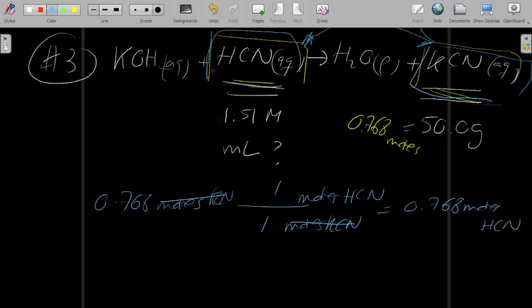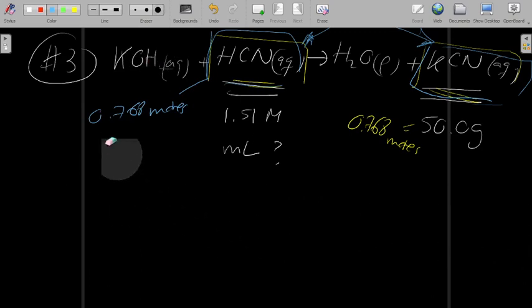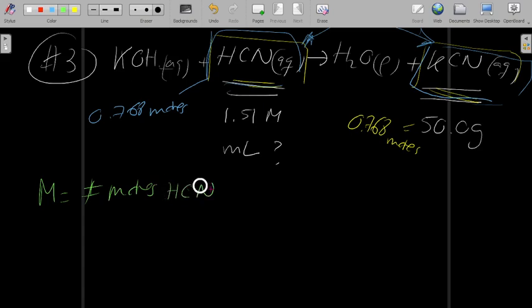Okay. So now we know that this is 0.768 moles. Okay. Perfect. Now what? We know now the number of moles. We know the molarity. That means that we can find out the liters, because molarity equals the number of moles of whatever we're talking about, in this case this acid, divided by the number of liters.